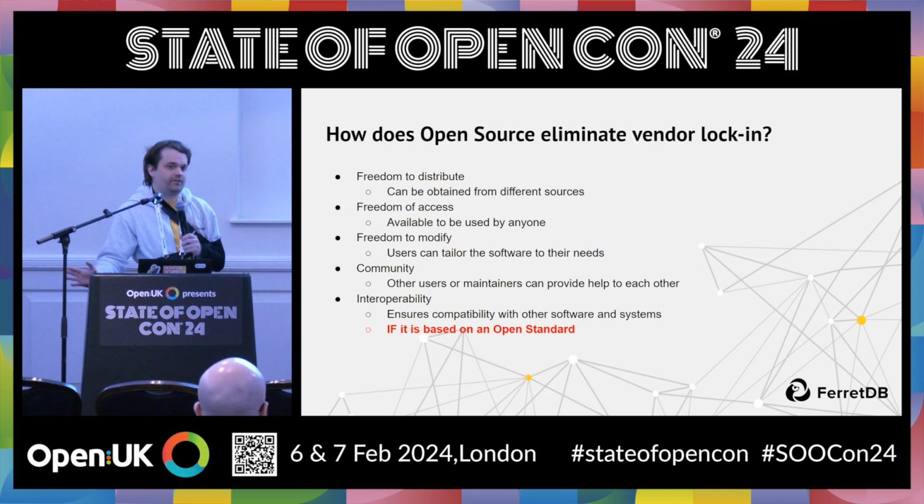If the author of that codec decides that you're no longer allowed to distribute that codec with your video player software, then you are in a vendor lock-in situation because you may not have any other vendor to get it from. So open source by itself is not enough to eliminate vendor lock-in.